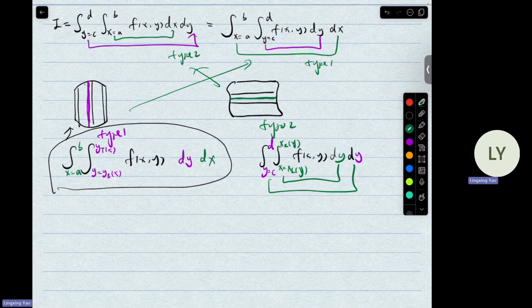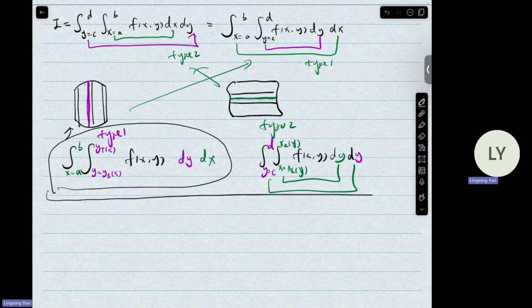So things could be very complicated, and sometimes we really have to practice a lot of those conversions and setting up the limits and bounds for the integrals, and those are the important features we need to pay attention to.